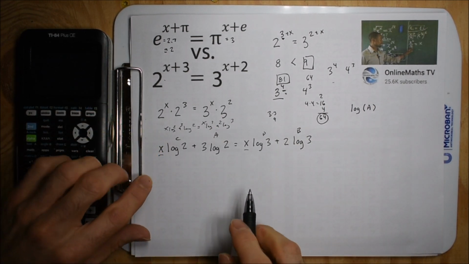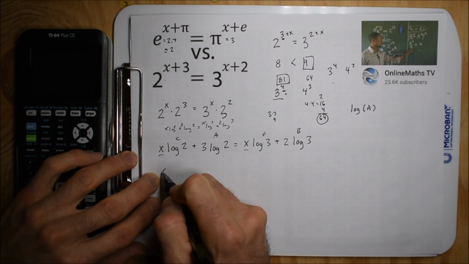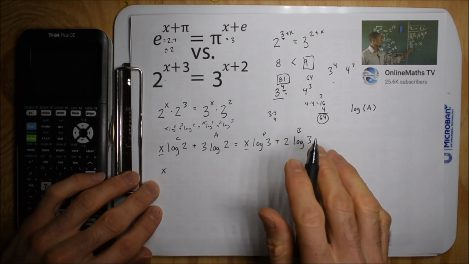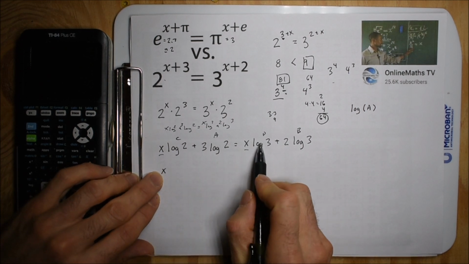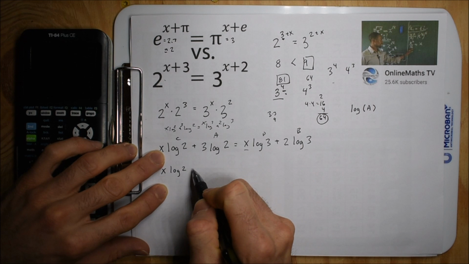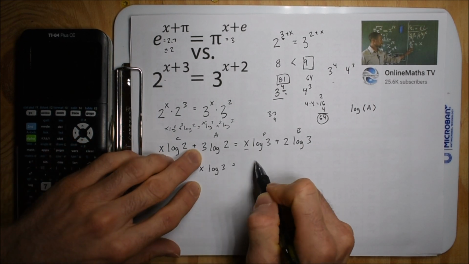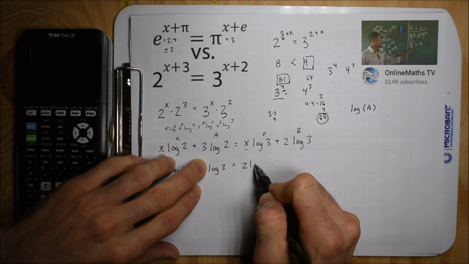I literally do this for other videos. But anyway, you want to collect the x terms. So we're going to go x log 2. Let's bring this one over to the other side. And this is log 3. Let's keep that one over there.